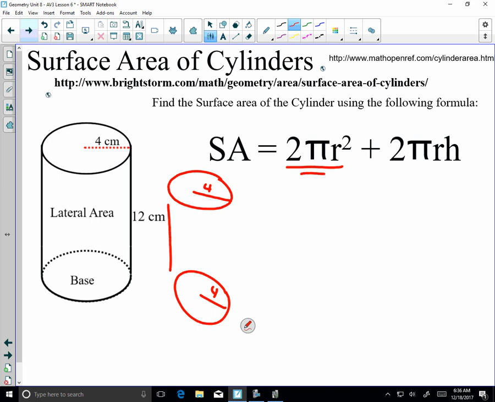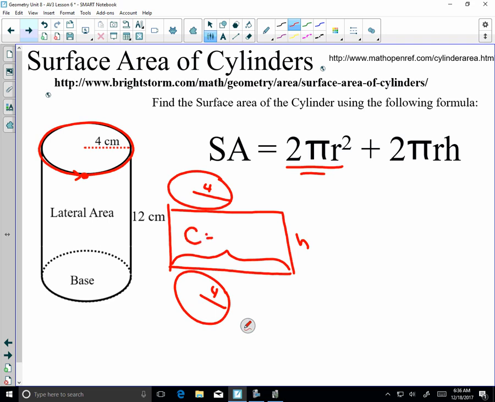Now, what we call the lateral area of the cylinder is actually a rectangle that wraps all the way around. If you take a piece of paper and you roll it up, you make a cylinder. So when we look at that piece of paper, the height is the height of the cylinder itself, but the base length of that lateral area is the distance that wraps all the way around a circle, or better known as circumference.